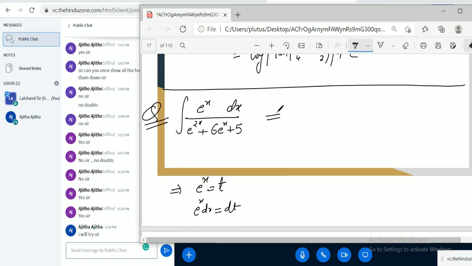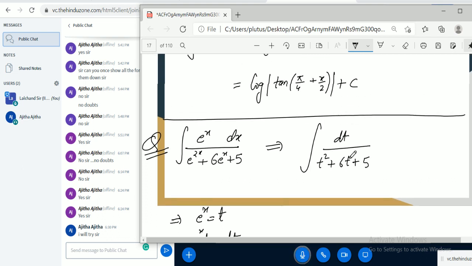Okay, so we will substitute this value in this integral, and by using this substitution, we can write dt over t square plus 6t plus 5. So now how to solve this equation? What is the approach to solve this equation now?